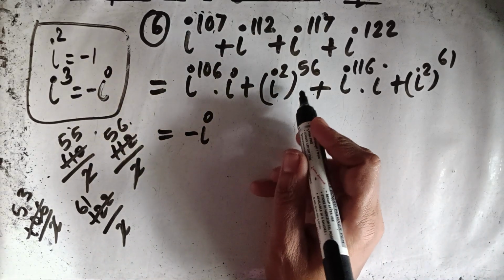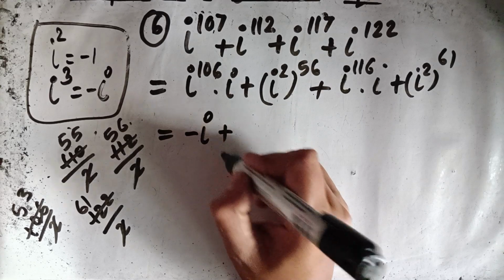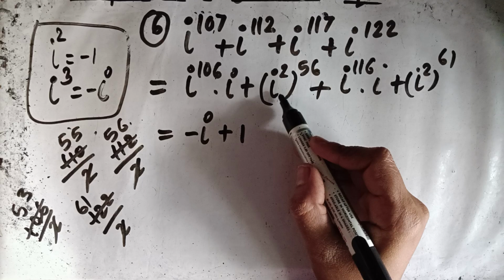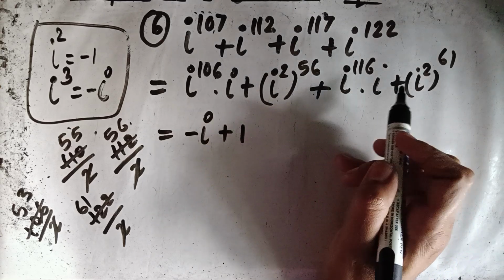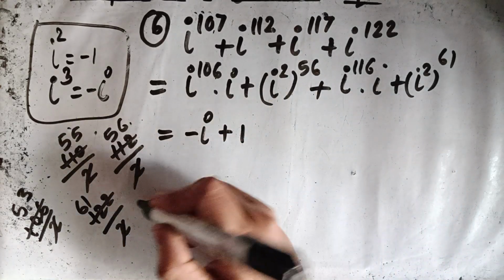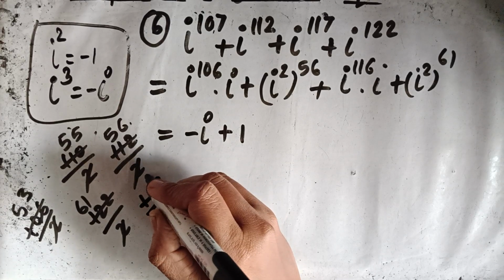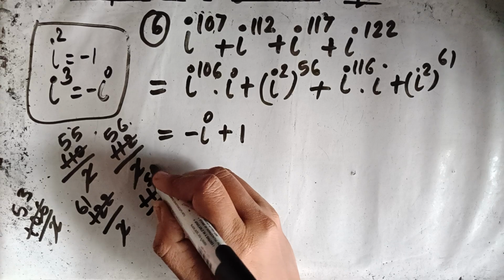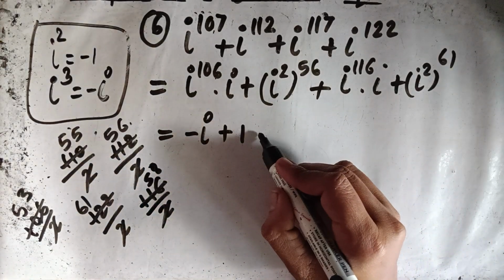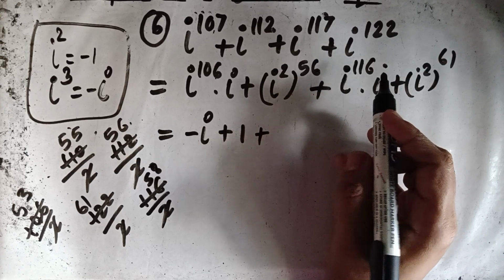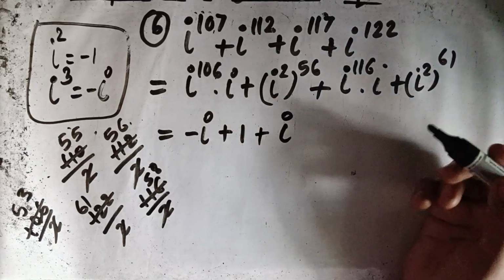What about this? This is positive 1, because this is minus 1 raised to 56. 116 divided by 2, 58, which is an even number, minus 1 raised to an even number, positive i.